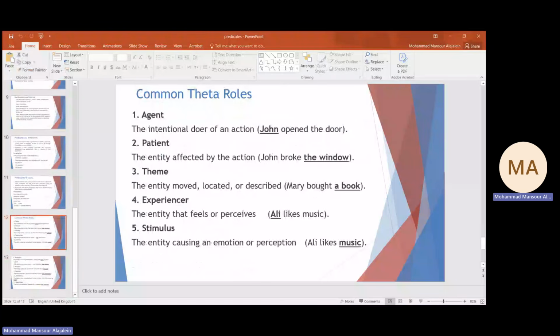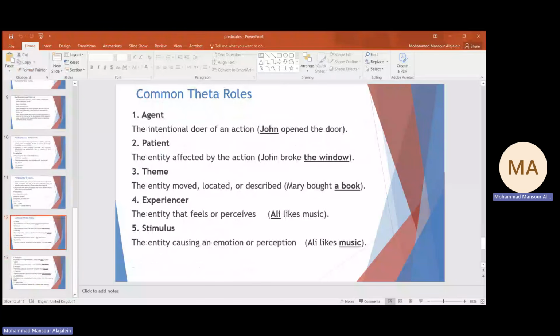And also we have the theme. Theme is the entity that is moved or located or described. For example, Mary bought a book. Here the effect that happened to the participant, a book in the sentence, is referred to as the theme. And it absolutely differs from the effect that happened to the participant, the window, in the previous example.